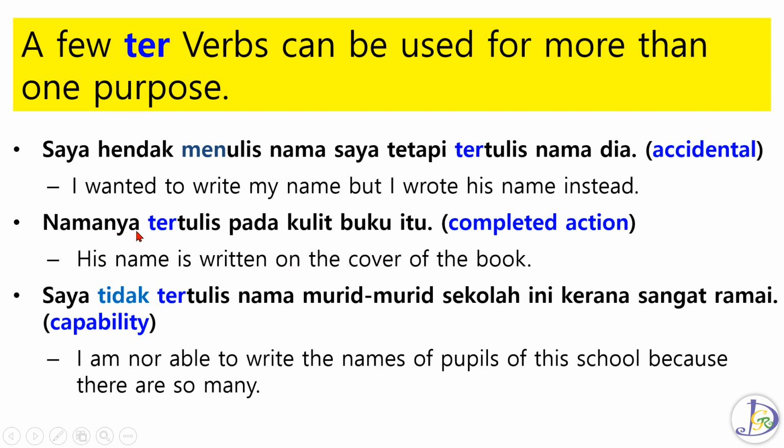His name is written on the cover of the book. This shows complete action. Saya tidak tertulis nama murid-murid sekolah ini kerana sangat ramai. I am not able to write the names of the pupils of this school because there are so many.